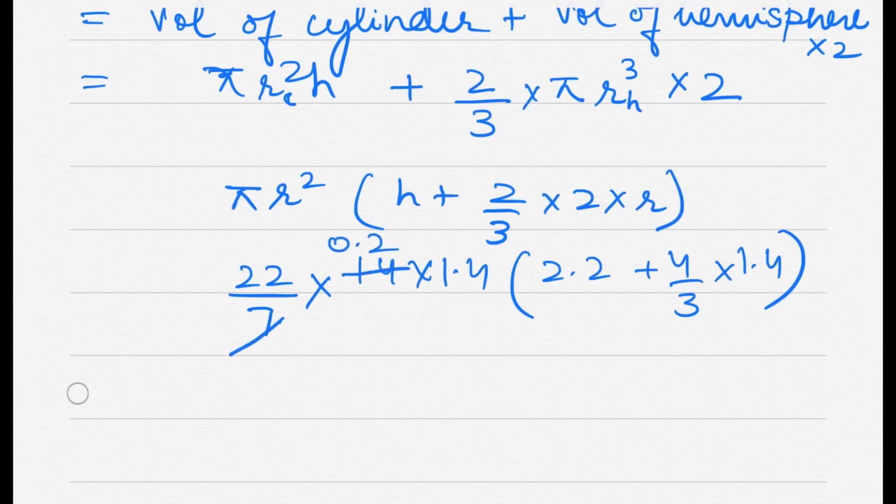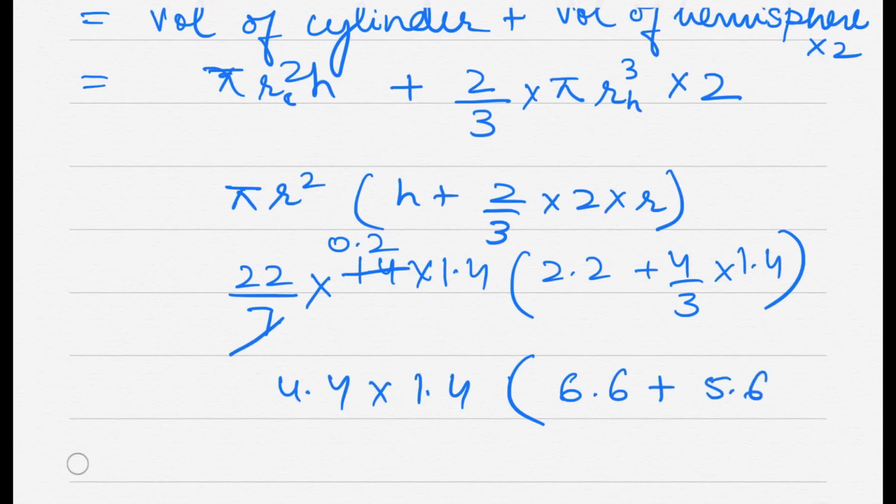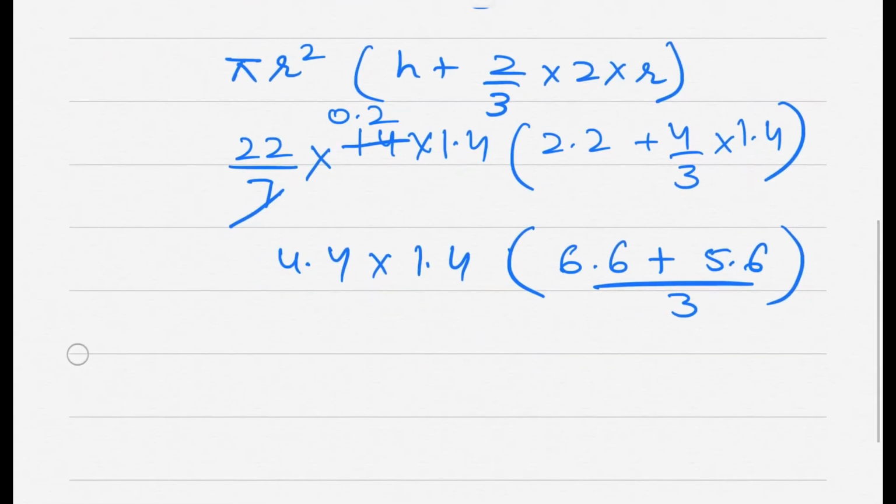Okay, so now 7 and 0.2, so 4.4 into 1.4. And in bracket I have to take the LCM, or first I'll multiply, or I can do simultaneously. So this is 6.6 plus 14 4s are 56, so 5.6 by 3.